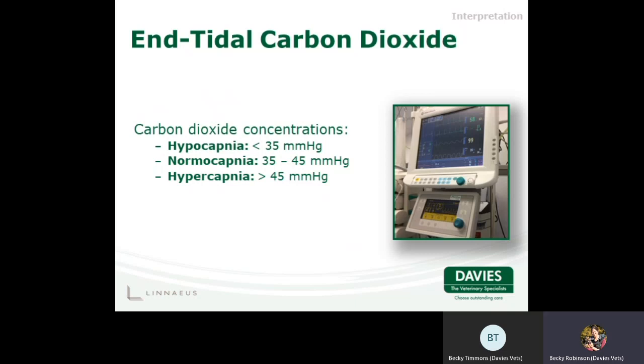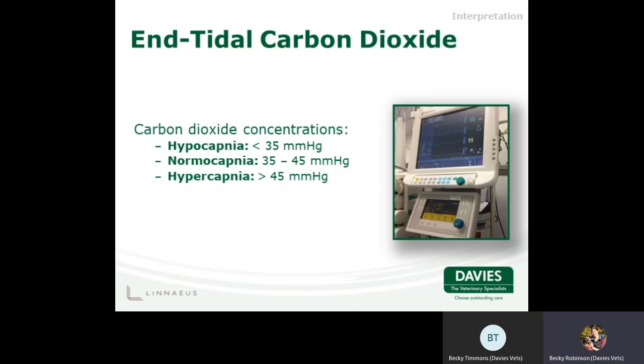Mild hypocapnia is desirable in patients with suspected intracranial disease, and this is because the hypocapnia can result in cerebral vasoconstriction. So if we suspect a patient has raised intracranial pressure as a result of, for example, head trauma or intracranial neoplasia, then a mild amount of cerebral vasoconstriction can be useful to help minimize further increases in intracranial pressure.